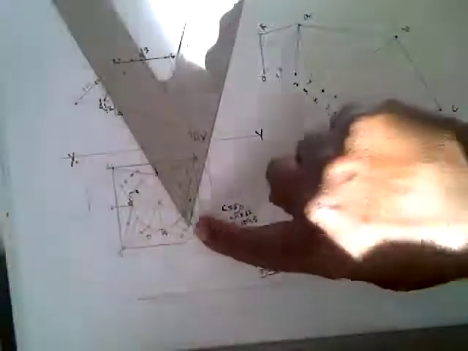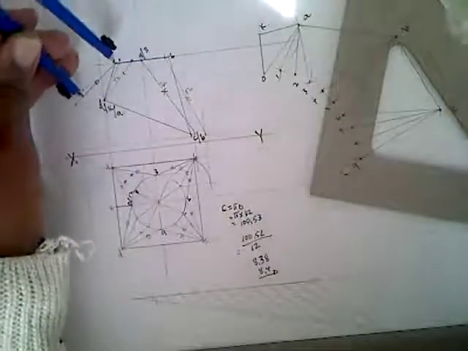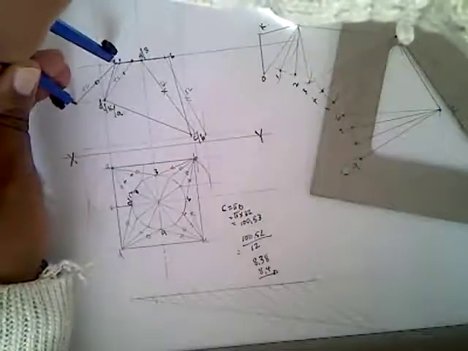Now I must move from 9 to D. 9 to D is the one with a 0. 9 to D is this one.